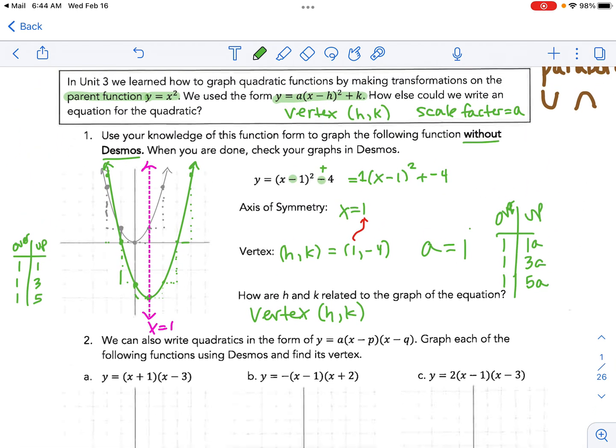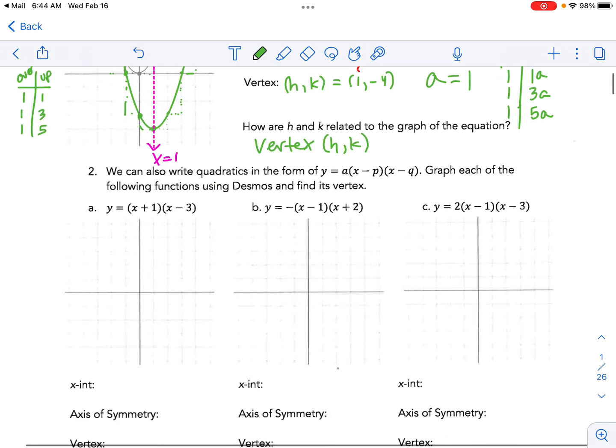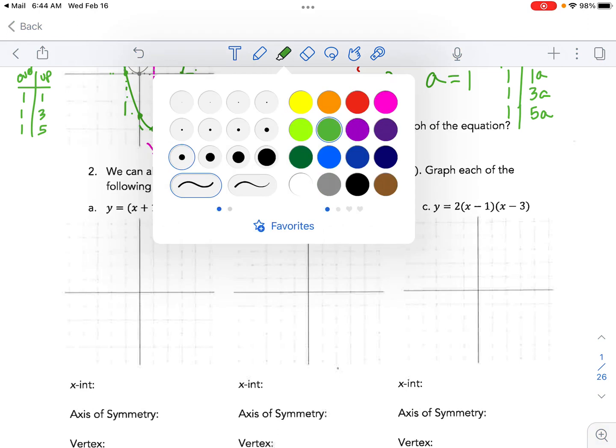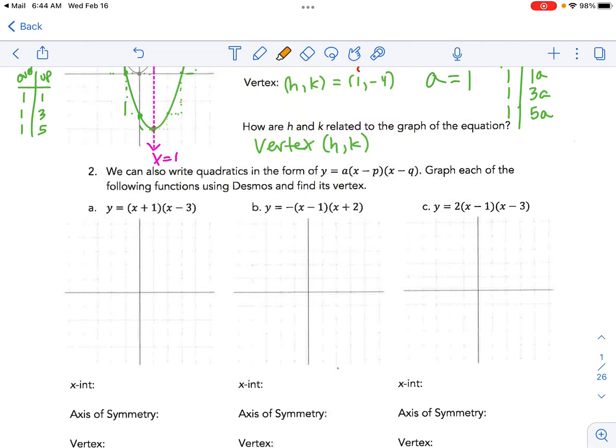That was a review of what we did for semester in Chapter 3. There's another way of graphing quadratics, which is equally as convenient, and we can do this in what we call factored form.